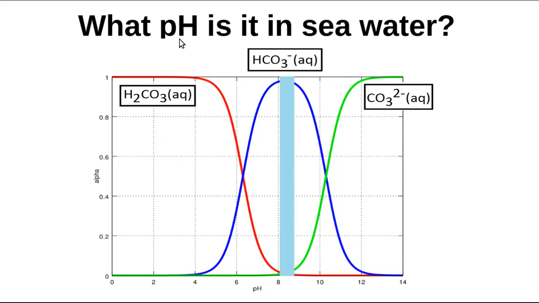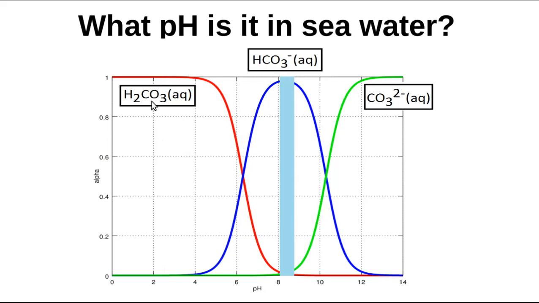What is the pH in seawater? Natural seawaters have pH slightly above 8, indicated by this light blue rectangle here. So the seawater is actually dominated by the hydrogen carbonate.